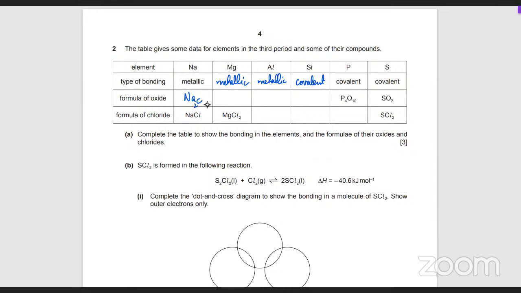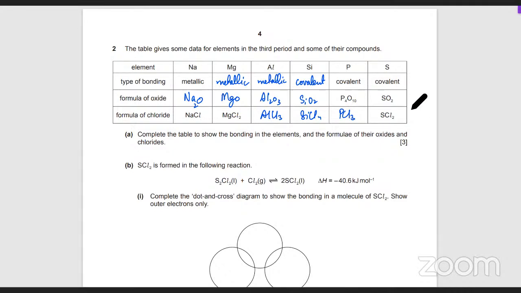Na2O, Mg would be MgO, the next Al2O3, and then SiO2. ठीक है, the same thing for the chlorides: AlCl3, SiCl4. This one could be PCl3, it could be PCl5 as well, right? Actually, it's chlorides, okay, in the oxides as well.